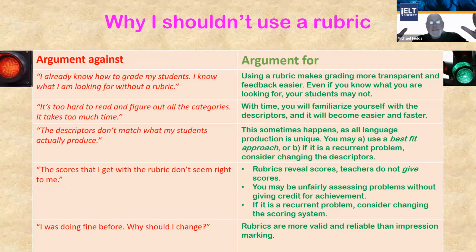So again, seeing all the descriptors and giving credit where credit's due, and maybe withholding credit for those parts of the performance that are weaker, is a fairer way to grade than to base your grade on what the student hasn't done right, which I see sometimes teachers doing.